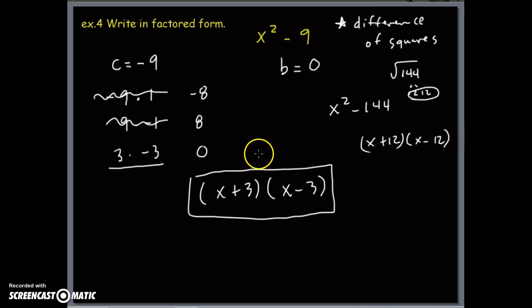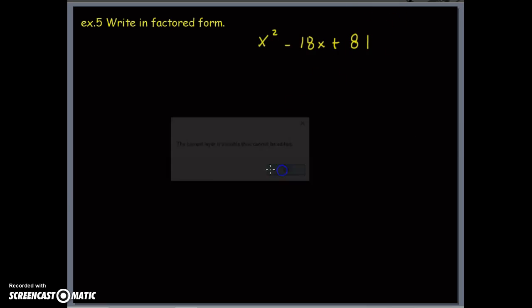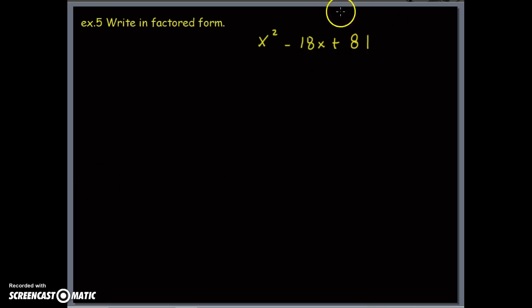example today. So here we have our last example, and this is also an example that you're going to want to keep note of. The last example was the difference of perfect squares. This example is the sum of perfect squares.